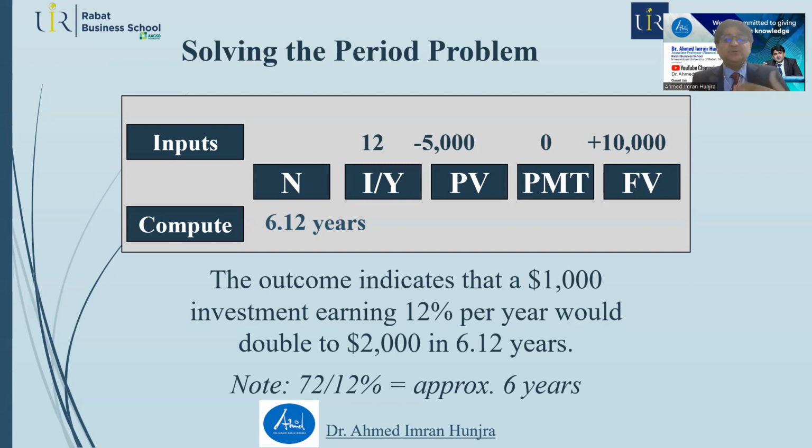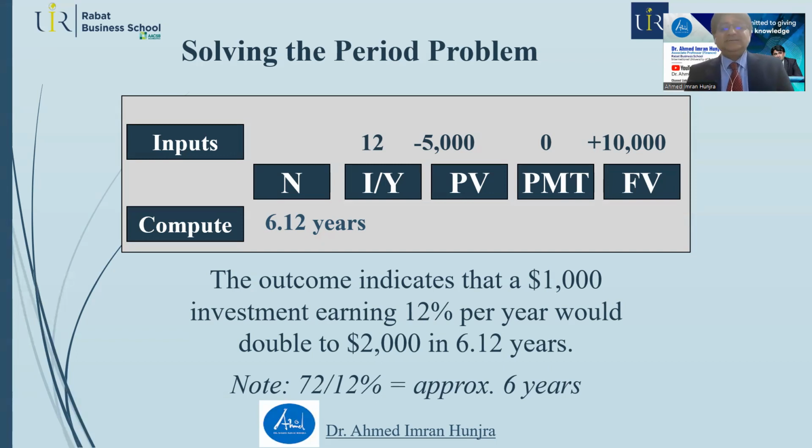We are going to invest. If you don't put minus, the calculator and Excel sheet will consider it a future value, the money you will receive at some future date. So minus is just for sense. The logic is that this is the investment, it is today, and it's going out. That's why we put the minus sign here.